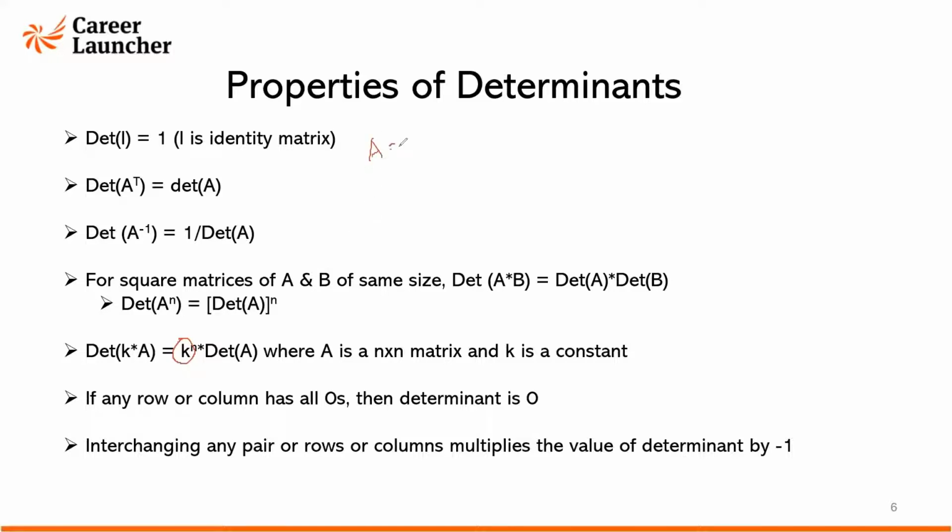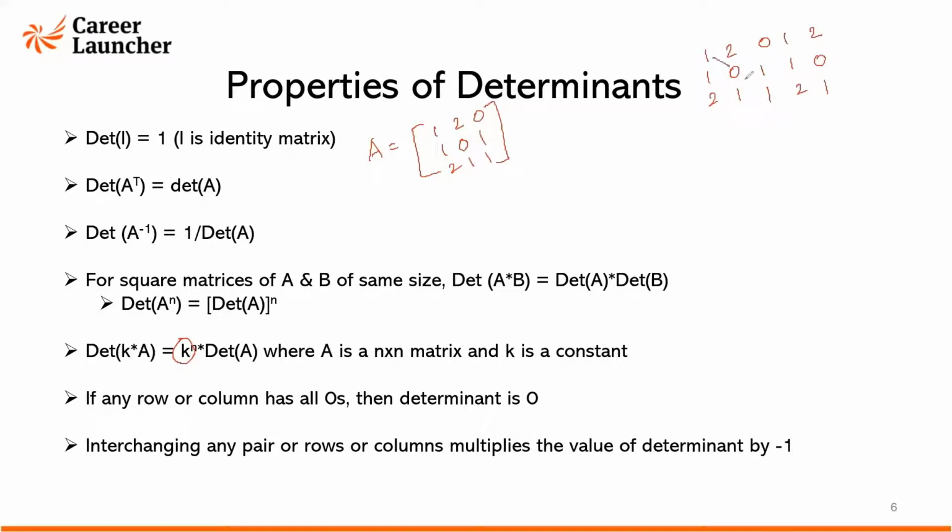Let us say A is a matrix which is 1, 2, 0, 1, 0, 1, 2, 1, 1. So let me quickly find the determinant here. I will use the rule of Sarrus: 1, 1, 2, 2, 0, 1, 0, 1, 1. Now I have to write the first column again, 1, 1, 2, and the second column again, 2, 0, 1.